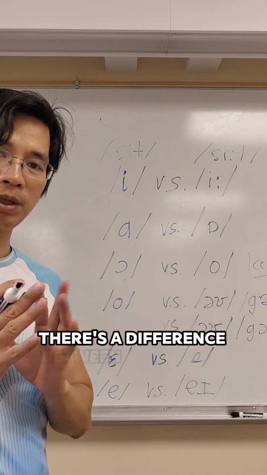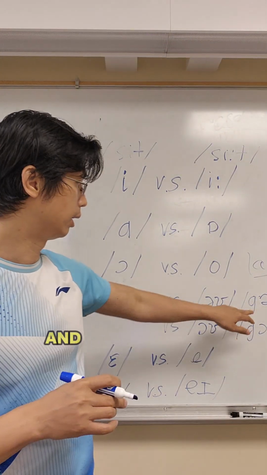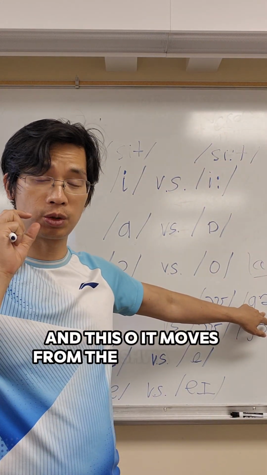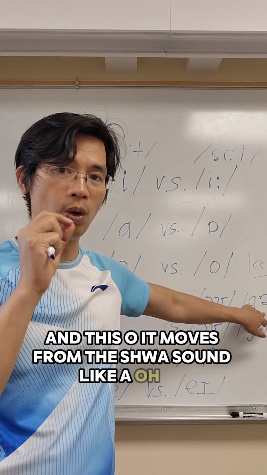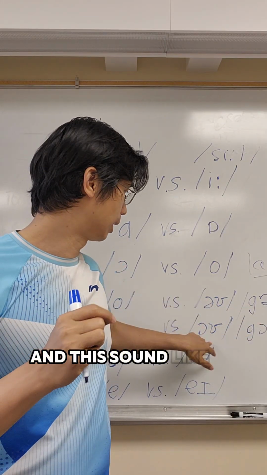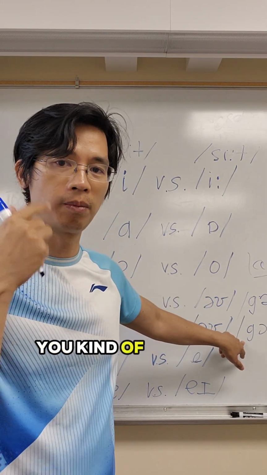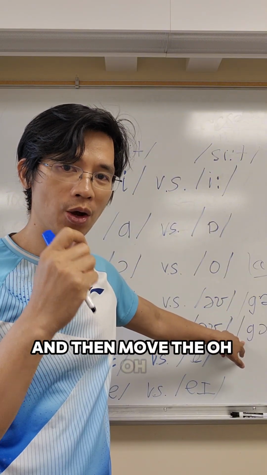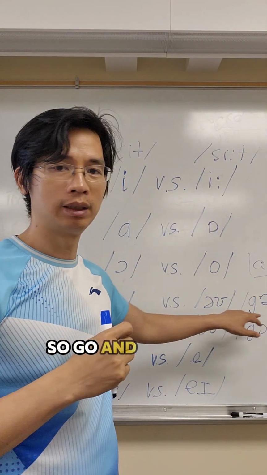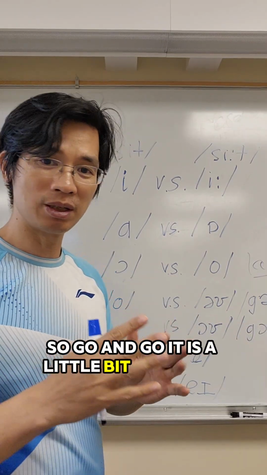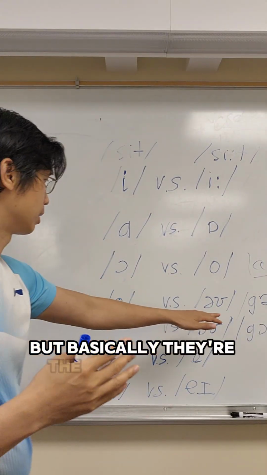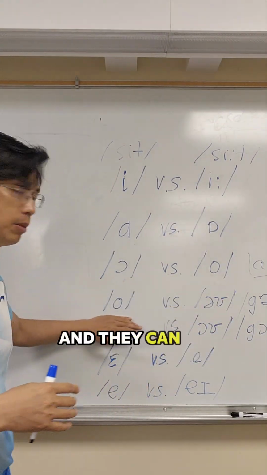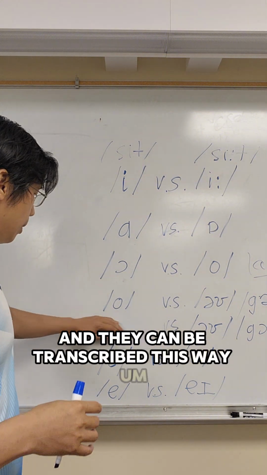There's a difference in the mouth position between this O and this O. It moves from the schwa sound like uh-O, and this sound like O, where you have the round shape of O and then move. So go and go. There's a little bit of difference, but basically they're the same O sound, and they can be transcribed this way.